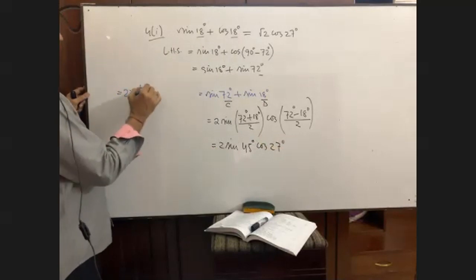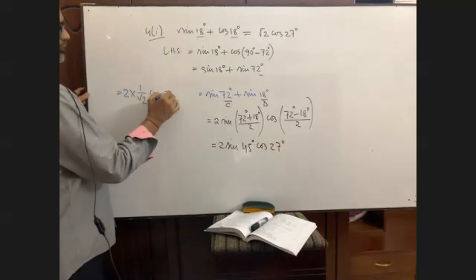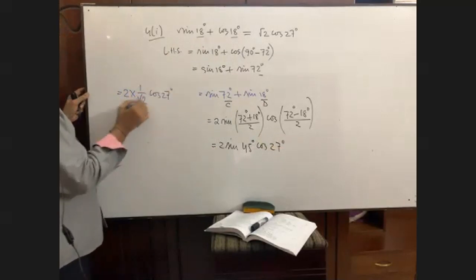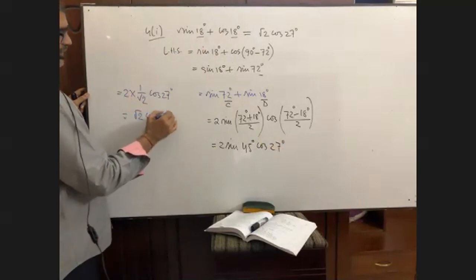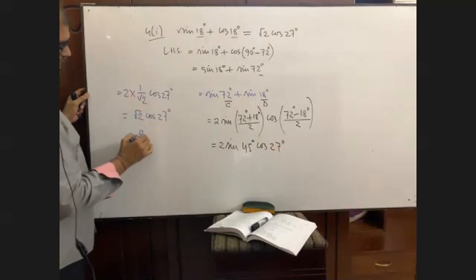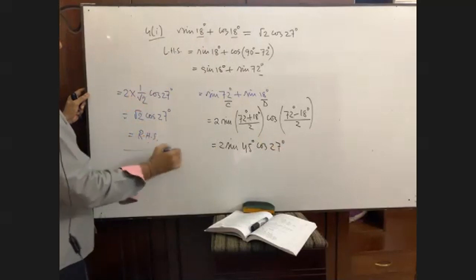And this is cos 27. Now, if we calculate it, we'll get root over 2 cosine 27 degree, which is here, right hand side, and our math is done.